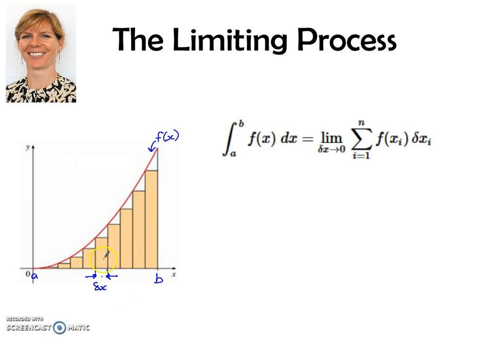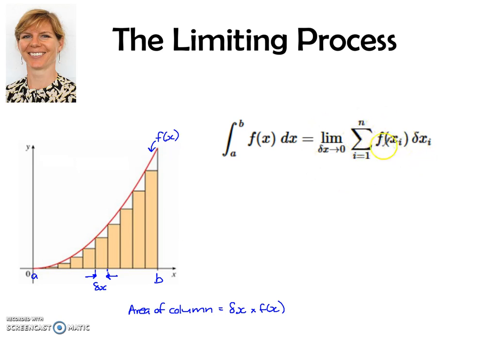Now for each of these columns, the area of the column is going to be delta x, so that width, times the function height, so the value of the function, f of x, which is what we were doing in the examples I was showing before. So just the width, delta x, times the height of the function.